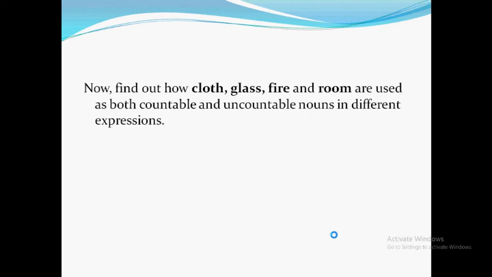Can you try to write down on a piece of paper how these words can be expressed in both countable and uncountable nouns? Cloth, glass, fire, room. Tick, tick, tick, tick. The time is ticking. Are you writing on cloth, on glass, on fire, on room?